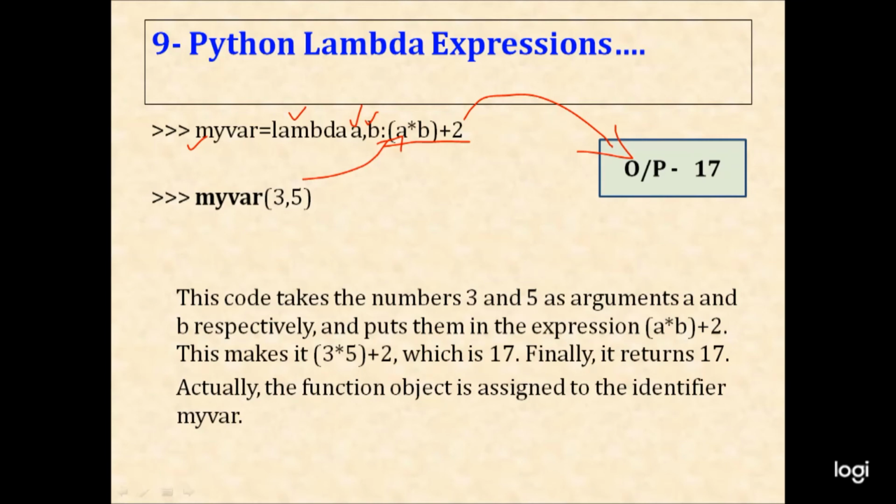This makes it 3 into 5 plus 2, which is 17, and finally returns 17. Actually, the function object is assigned to the identifier myVar. Instead of creating the function, we have used the myVar variable for creating the lambda expression.